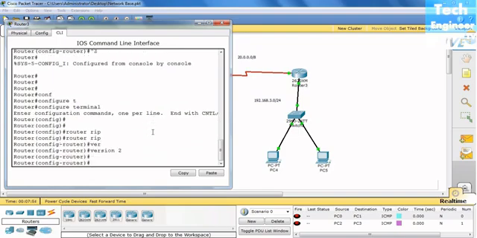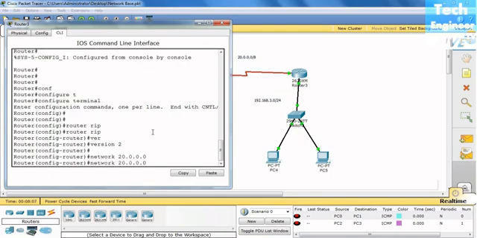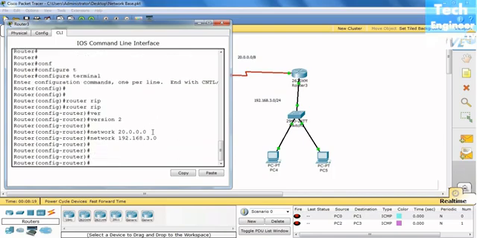Version 2, network, which is the 20 network, and 192.168.3.0. Okay, so all done.